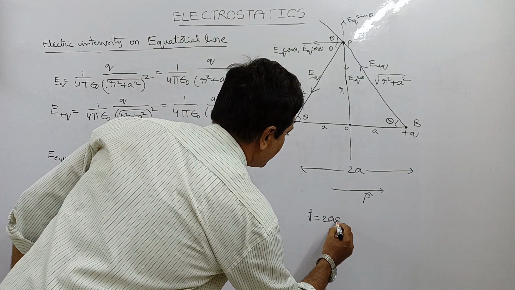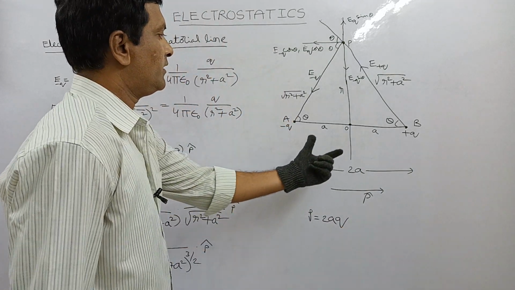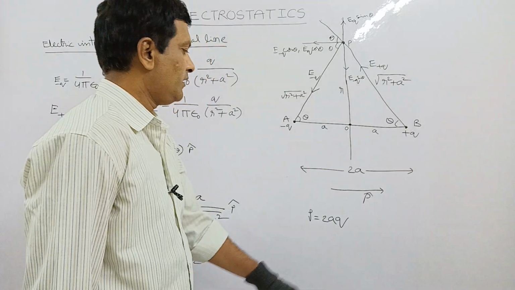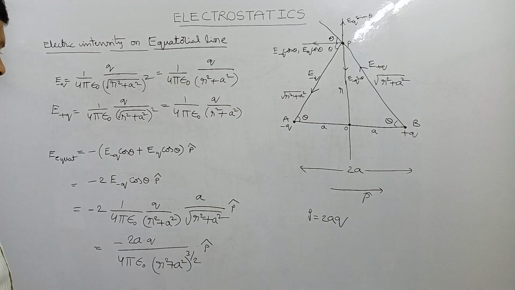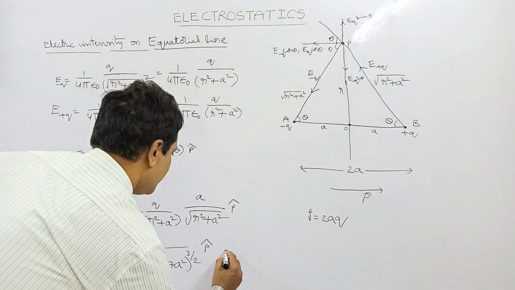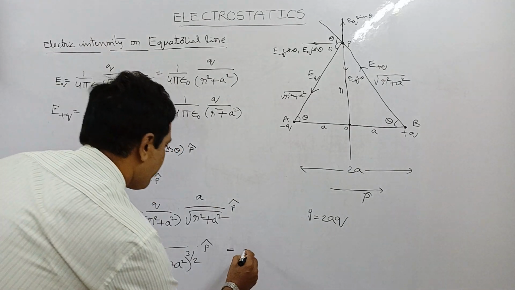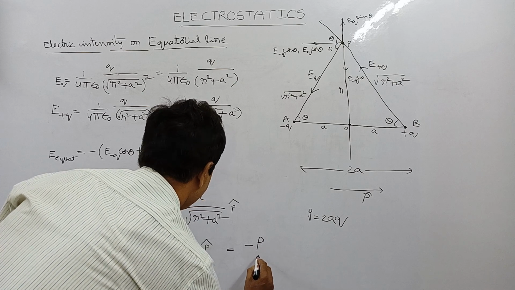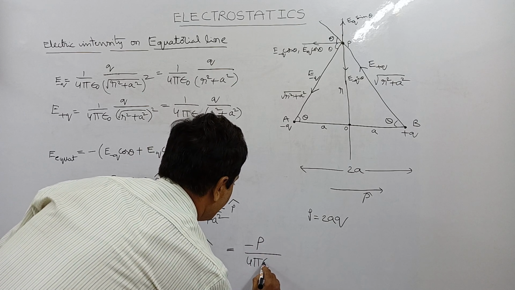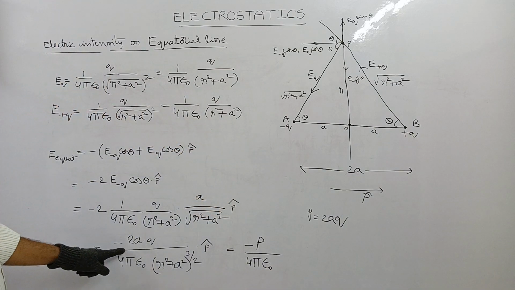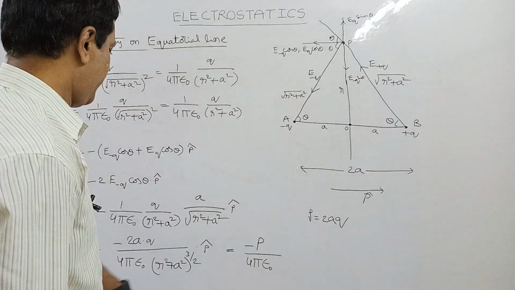Dipole moment is equal to the distance between the two charges multiplied with the charge of the dipole. So here we can write this as minus P by 4 pi epsilon naught. See, 2AQ I have written as dipole moment P.